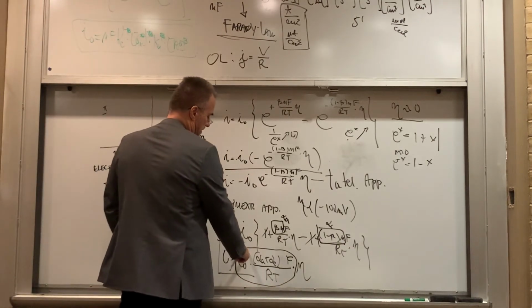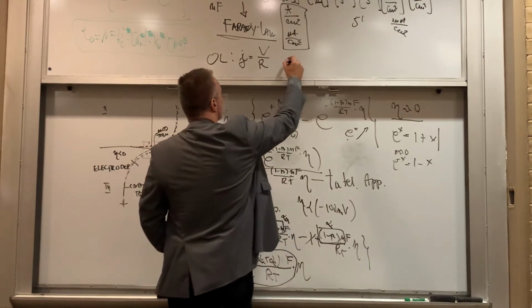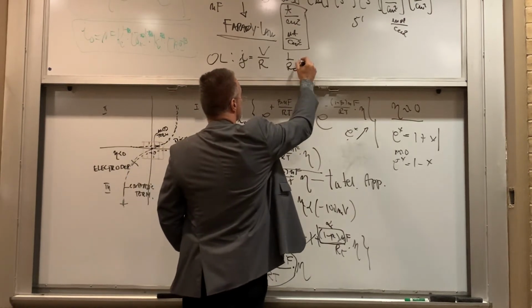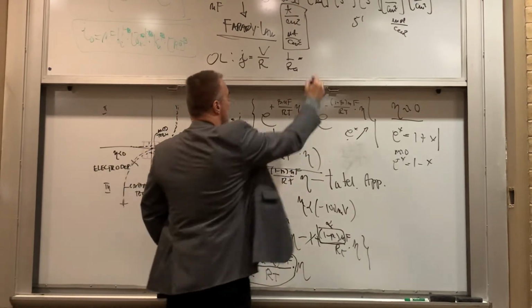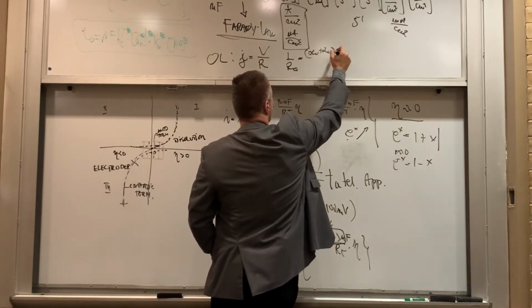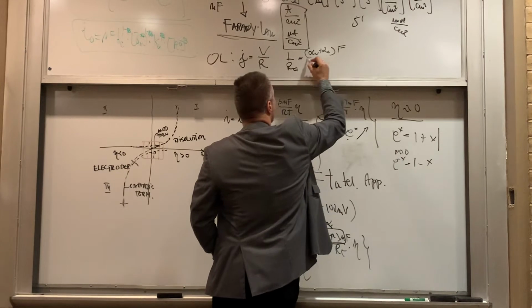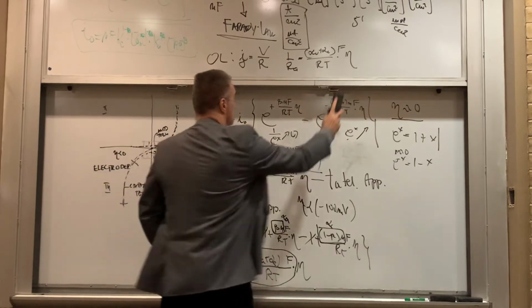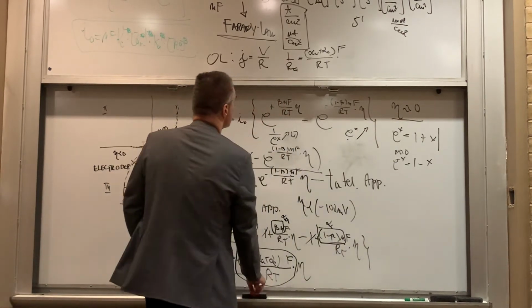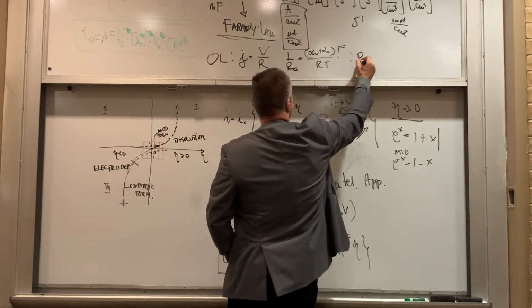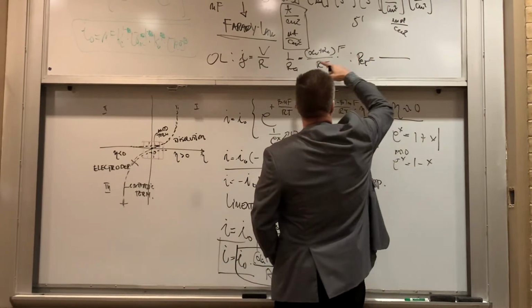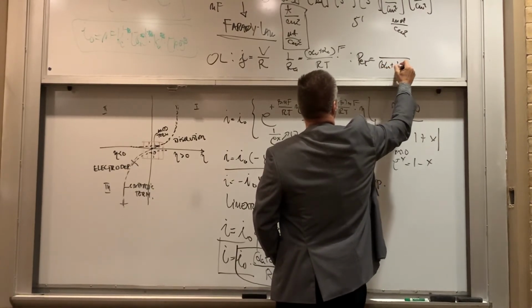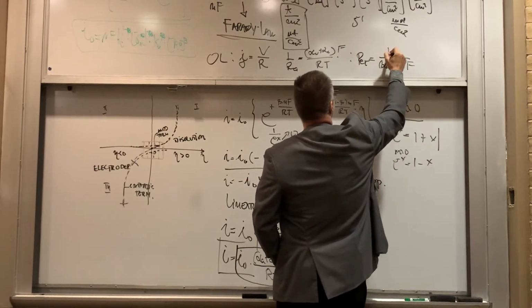So this means that this over here we can write as 1 over, and we're going to call right now this term the charge transfer resistance, equal to this term here, which is alpha A plus alpha C, F over RT, times, excuse me, not eta, just as it is. Which means that R_CT, or the charge transfer resistance, is equal to, we just reverse this, alpha A plus alpha C, F, and here we're going to write RT, okay?